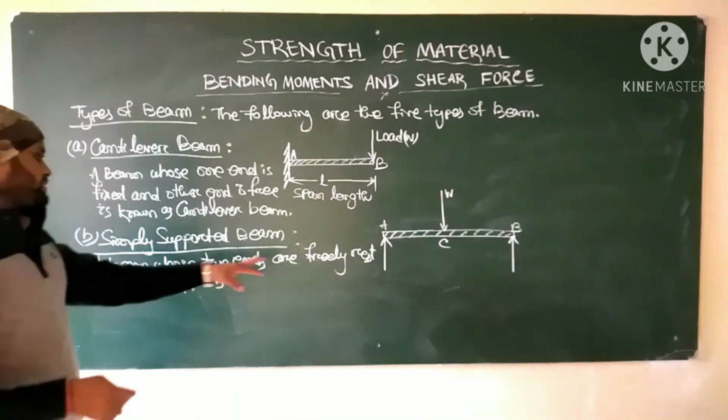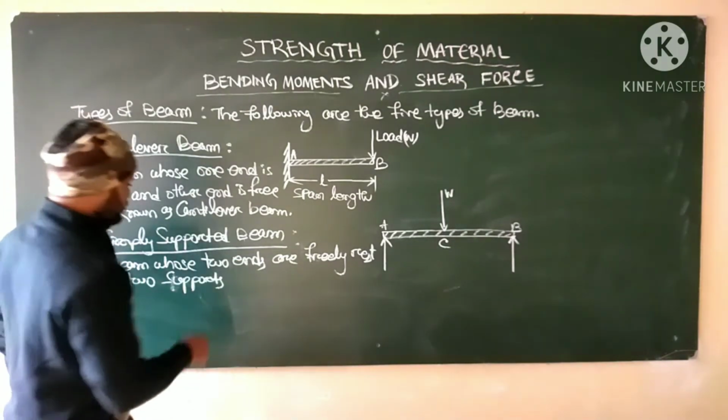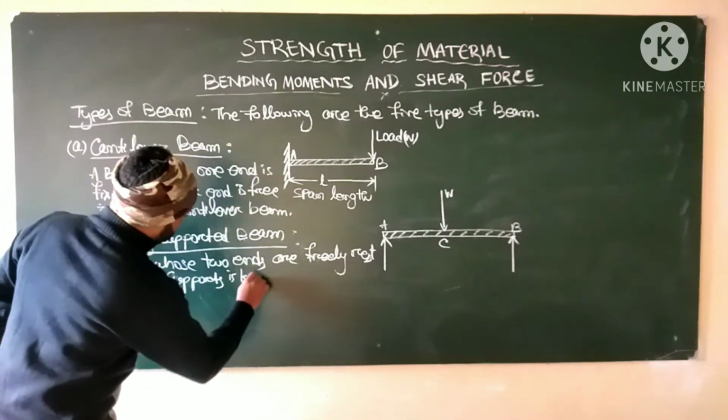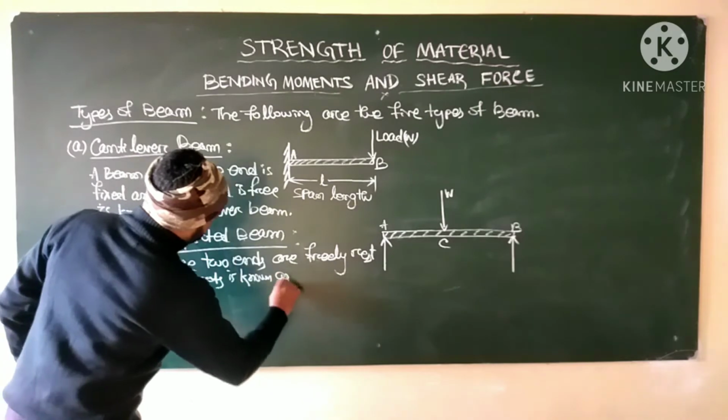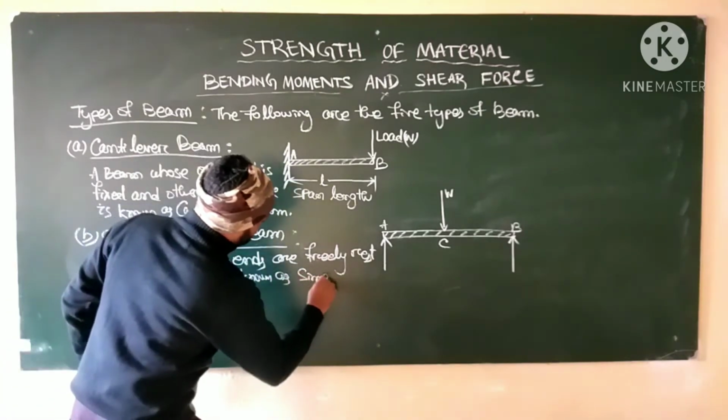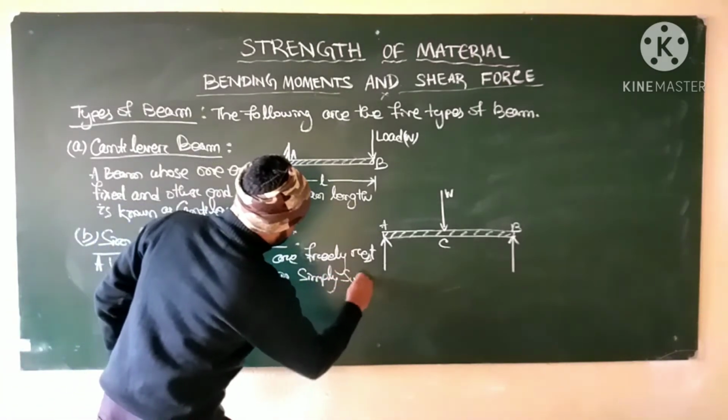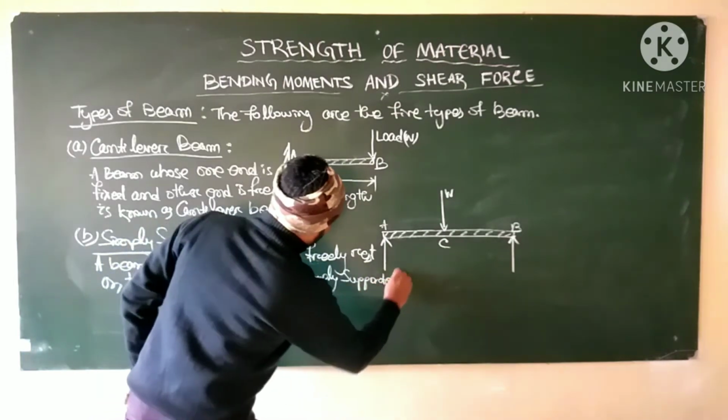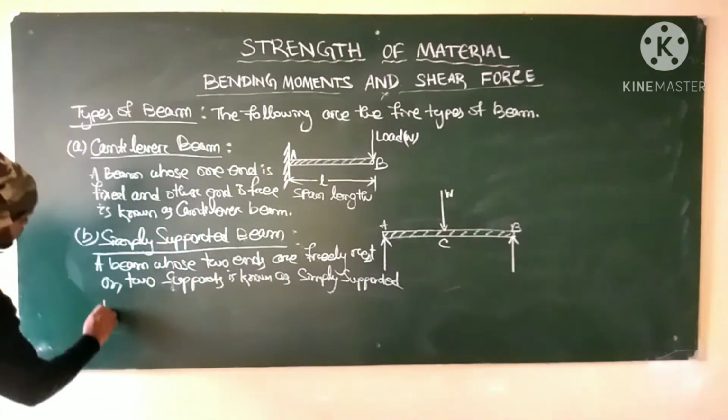A beam whose two ends freely rest on two supporters is known as a simply supported beam.